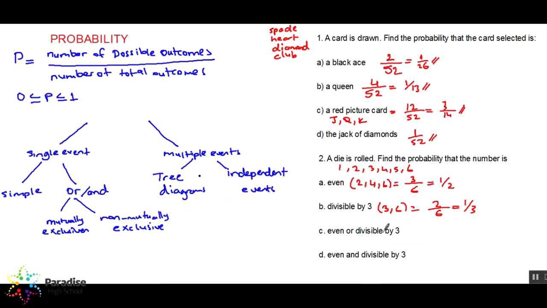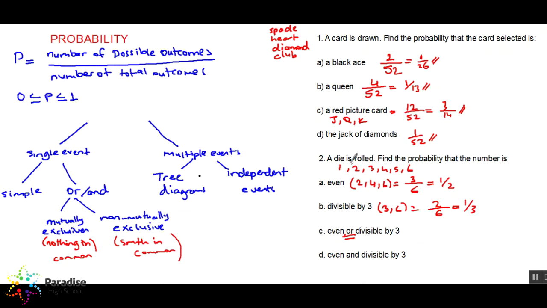Even or divisible by 3. Okay, so we got the word or here. Then I have to think whether it is mutually exclusive, non-mutually exclusive. Mutually exclusive means there is nothing in common. And non-mutually exclusive means something in common. All right, I will check these two conditions.